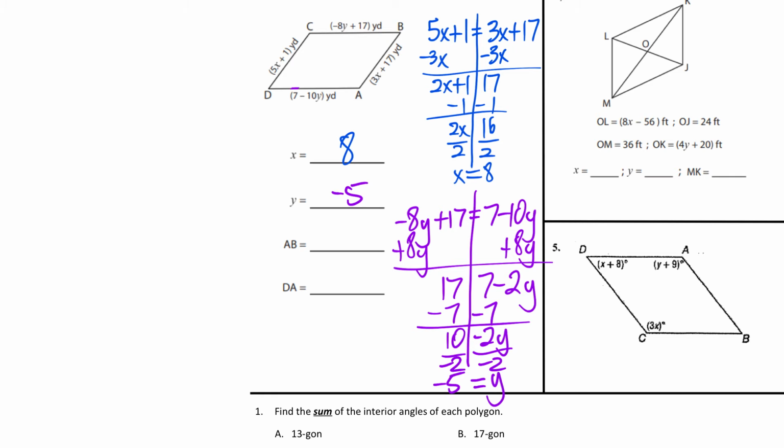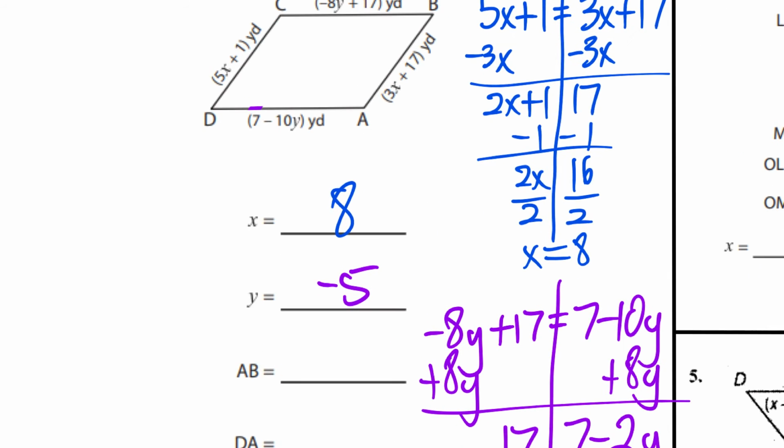Okay, now I'm going to take those and plug them back in. So if I take, for AB, that's right here, take this 8 and plug it in here. 3 times 8 is 24, and 24 plus 17 is what?